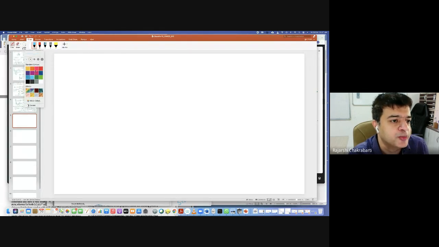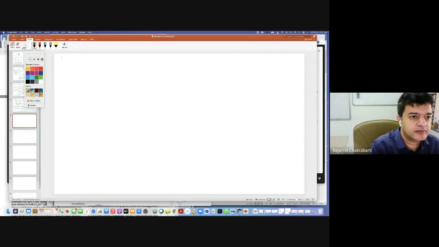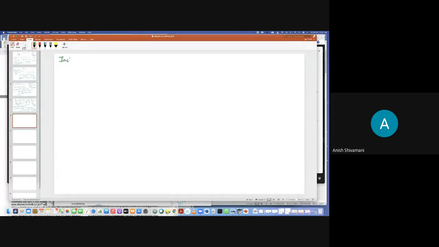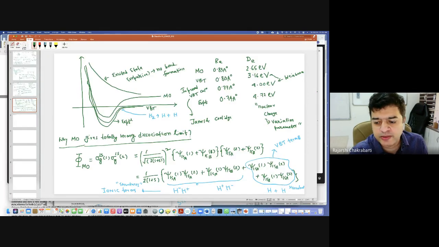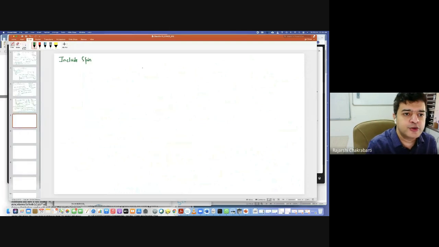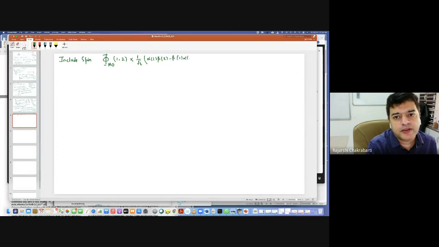How do I incorporate spin here? We multiply with an antisymmetric spin component. See, the wave function is symmetric, no? The total wave function has to be antisymmetric, no? So actually, what you should do, you should take this wave function, phi m, or whatever you have it, 1, 2, and you multiply it with this alpha 1, beta 2, minus beta 1, alpha 2.